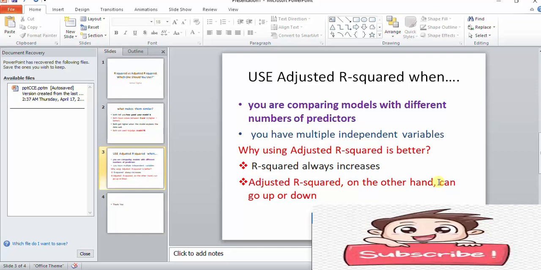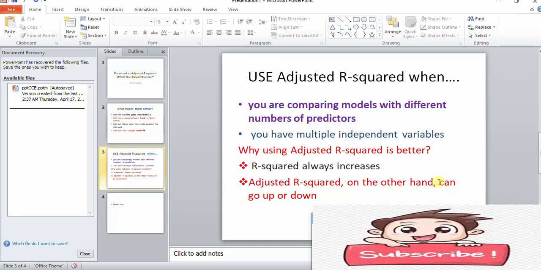So adjusted R square will increase only if the additional independent variable is important to improve the model. Otherwise, adjusted R square will decrease if the additional independent variable has no role for the improvement of your model.